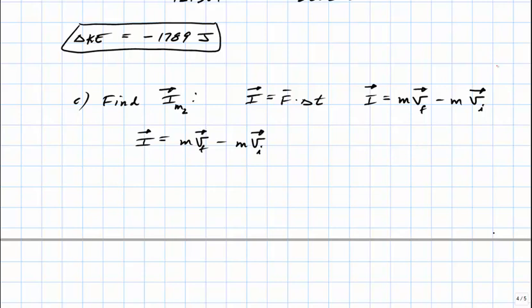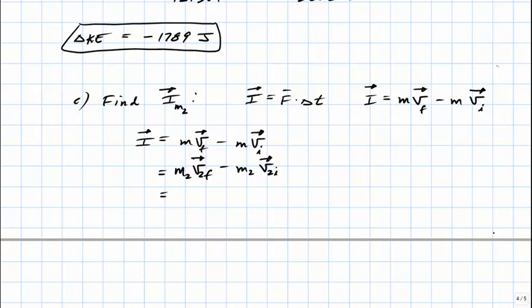Now, since we are asked to find the impulse applied onto the second mass, we can customize this equation by noting that m refers to m2 and v final refers to the final velocity of mass number 2, which we called v2 final, minus m2 v2 initial.